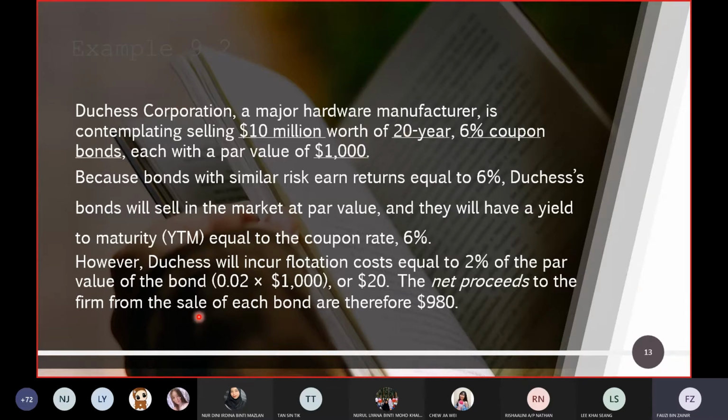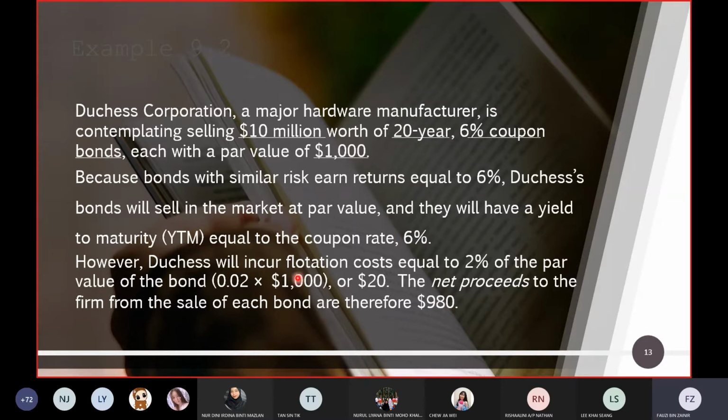But when Duchess Corporation issues, it has to incur flotation costs, and that eats up the amount that Duchess is able to issue. So the cost is $20 per bond. So the net proceeds are around $980.